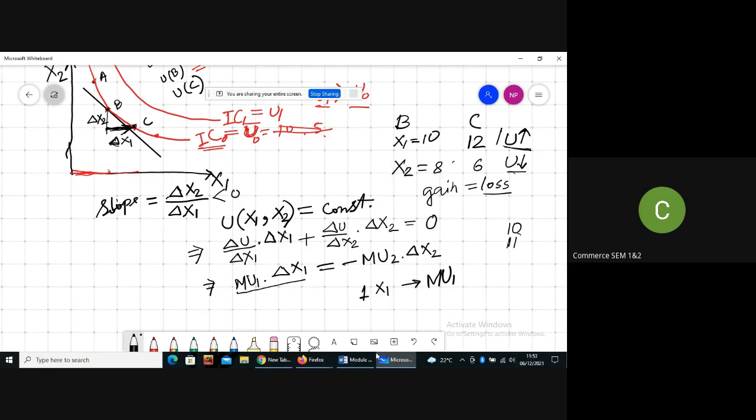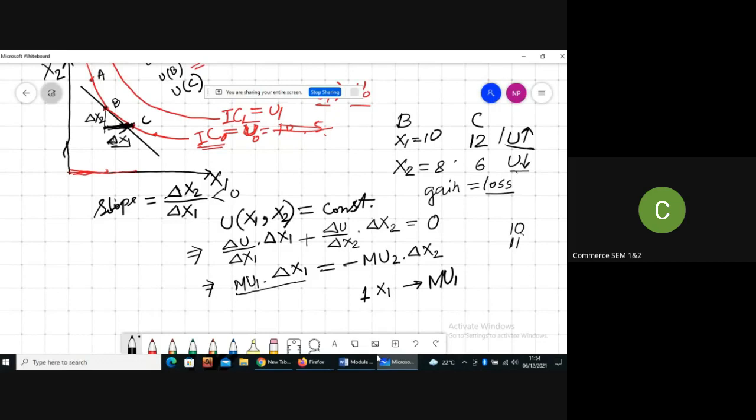Now when the consumer moves from point B to point C in this diagram, the consumer's consumption of X1 increases by this distance. This change in X1 we refer to as delta X1. So due to the increase in consumption of X1 by delta X1, the increase in utility of the consumer will be equal to MU1 multiplied by delta X1.